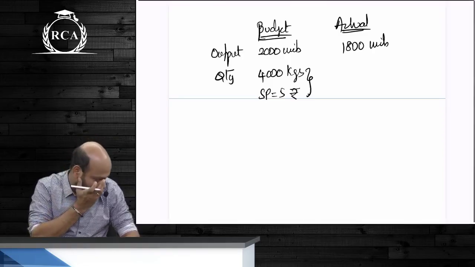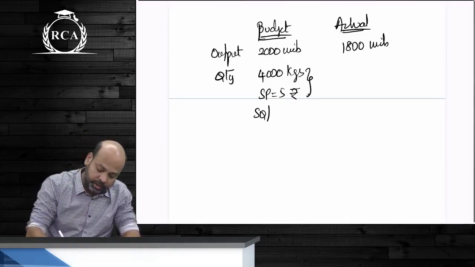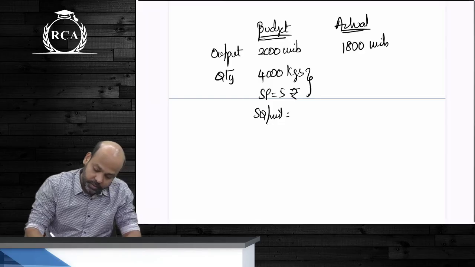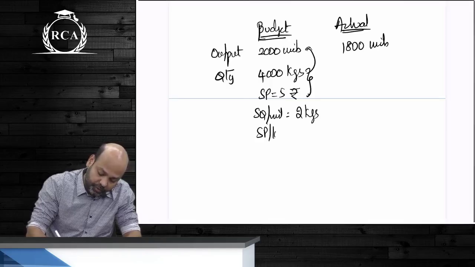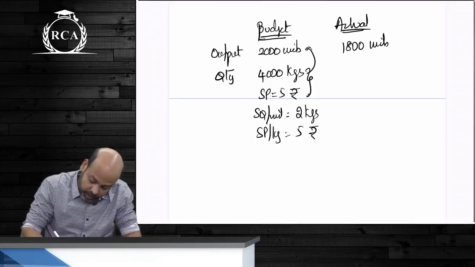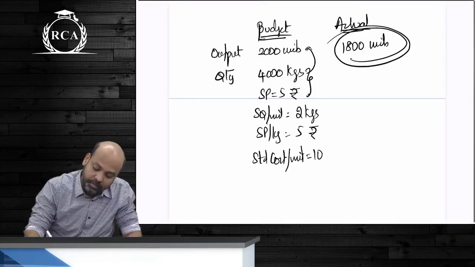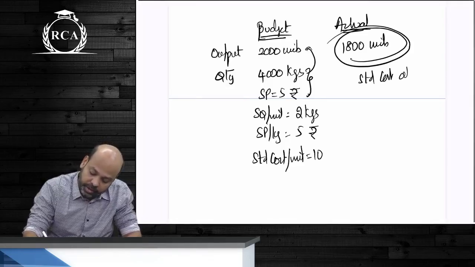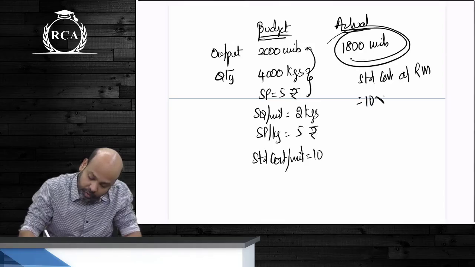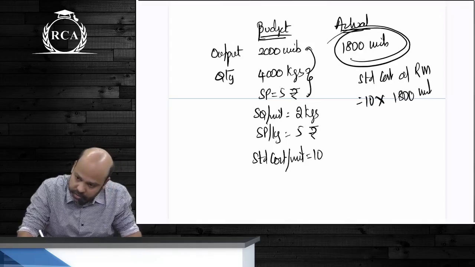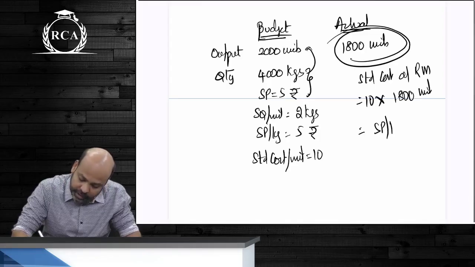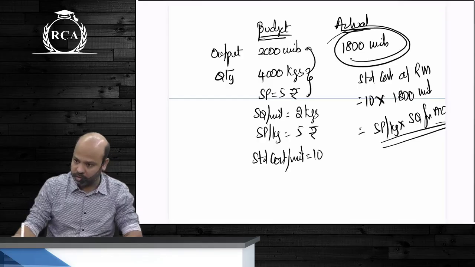When I'm computing standard quantity per unit, I know how much it is? 2 kgs. Standard price per kg of raw material कितना है? So my standard cost per unit of output कितना रहना चाहिए? So if I want my standard cost of raw material, I can directly write 10 rupees into 1800 units, or I can also write standard price per kg of raw material into standard quantity for actual output.